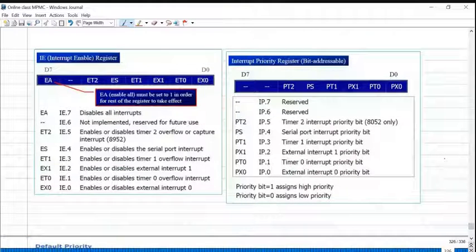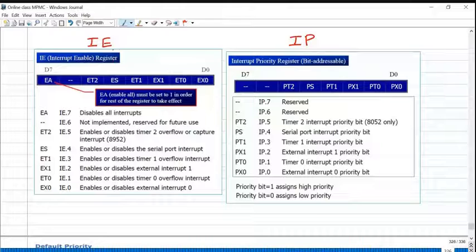We discussed many special function registers, that is TMOD, TCON, SCON. Similarly, for interrupt handling, there are two important special function registers available. One is the interrupt enable register, IE. Another is the interrupt priority register, IP.